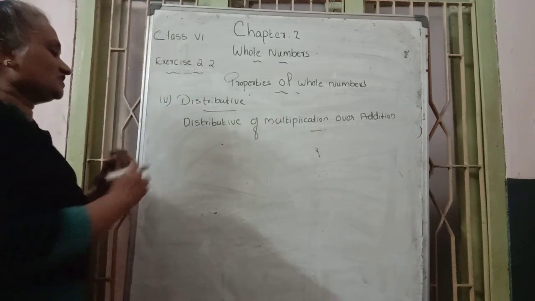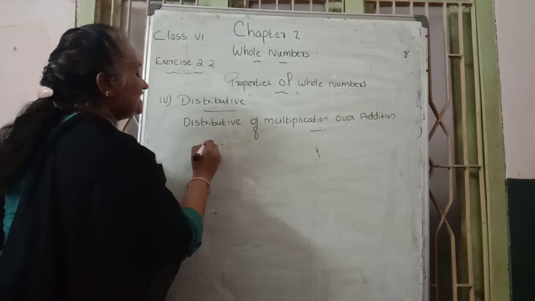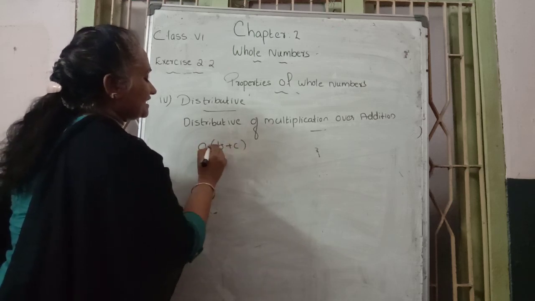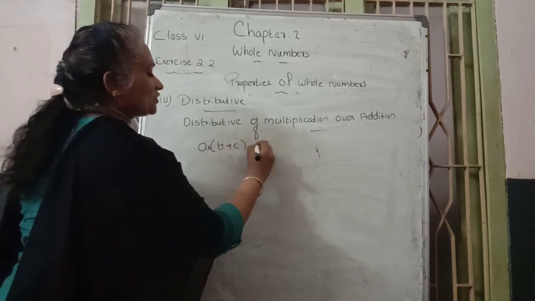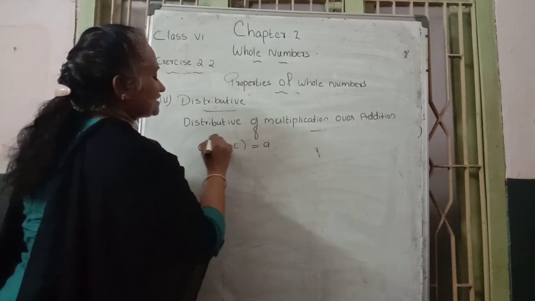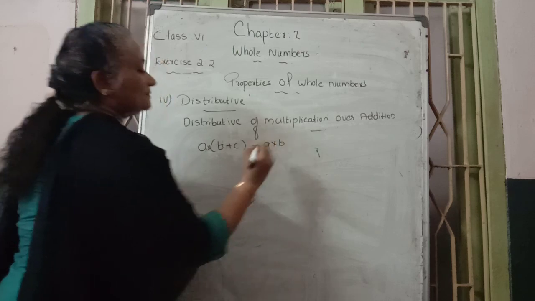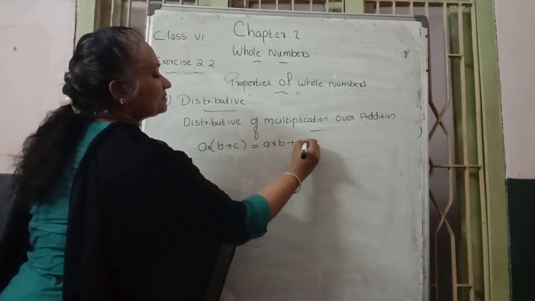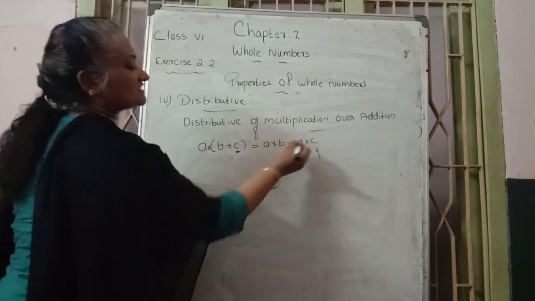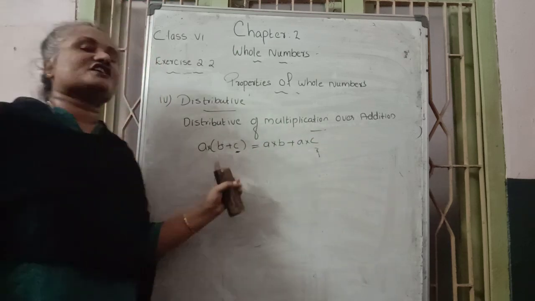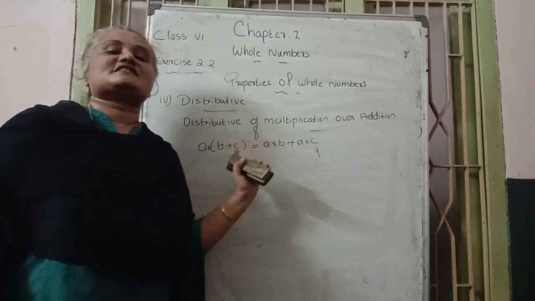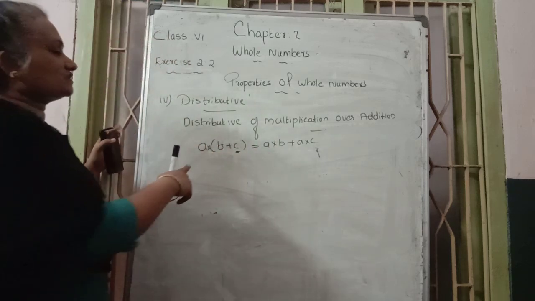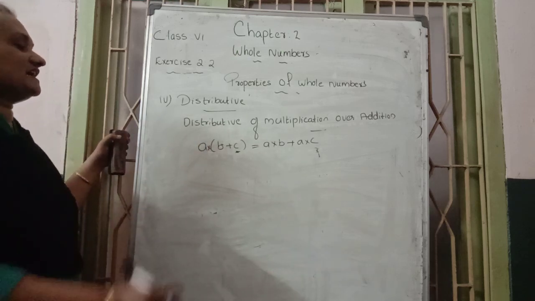The distributive property general form is A into (B plus C) is equal to A multiplied by the inside first number B, plus A multiplied by the inside second number, which is C. Then check whether the left side answer and right side answer become equal or not. That is our rule: equal means they are satisfied.